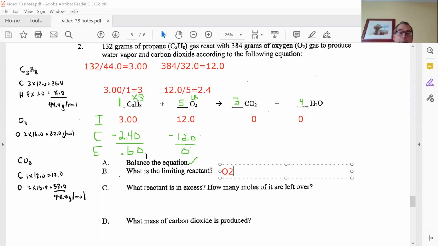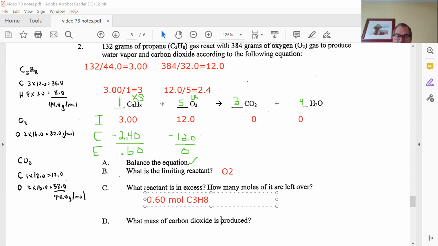Well, it's got to be the other one. And how many moles are left over? The 0.60. So I'm going to say 0.60 moles of C3H8. That would be the excess reactant, and this is in terms of moles.